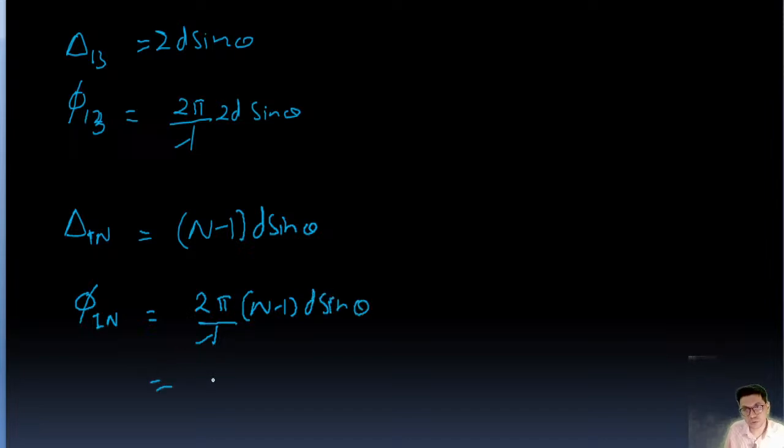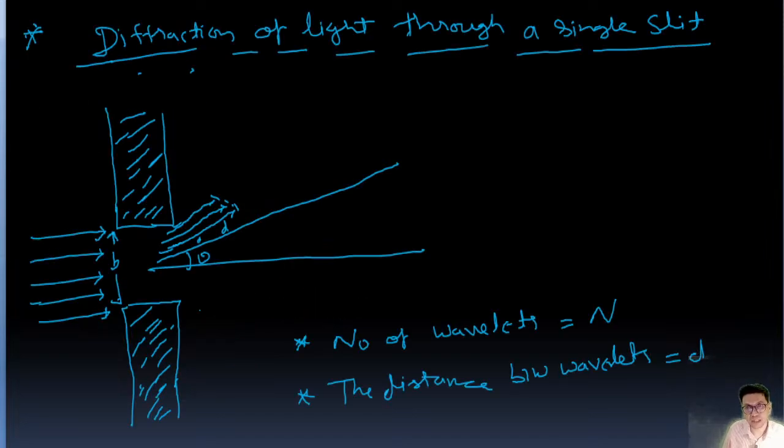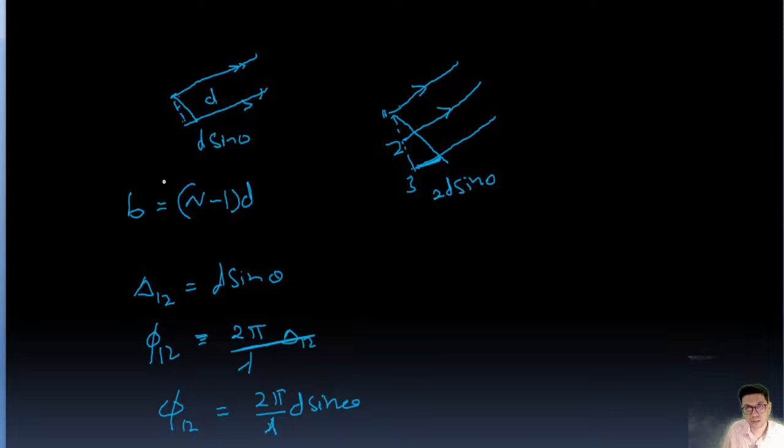So this is going to be n minus 1 times phi 1 2, because phi 1 2 is 2 pi by lambda d sine theta, the phase difference between the first and second wavelets.